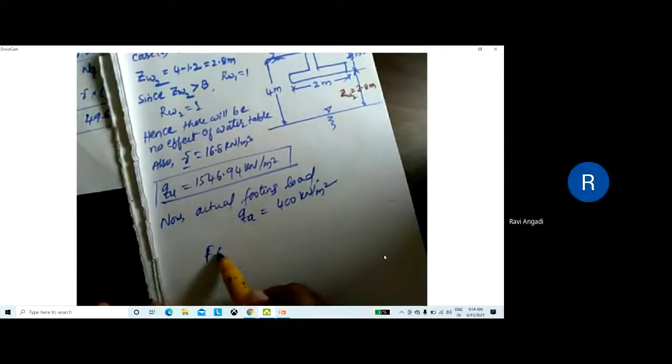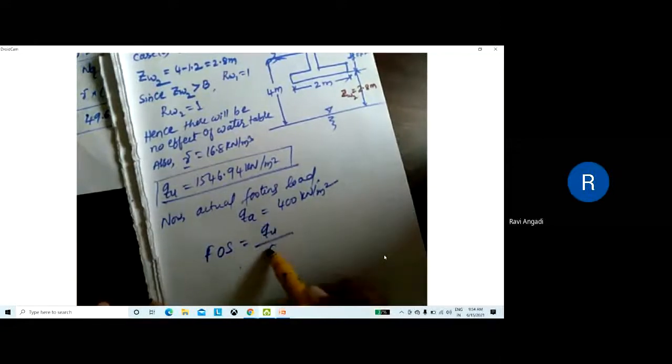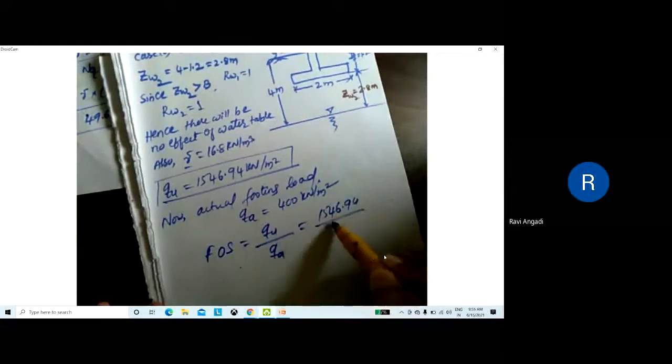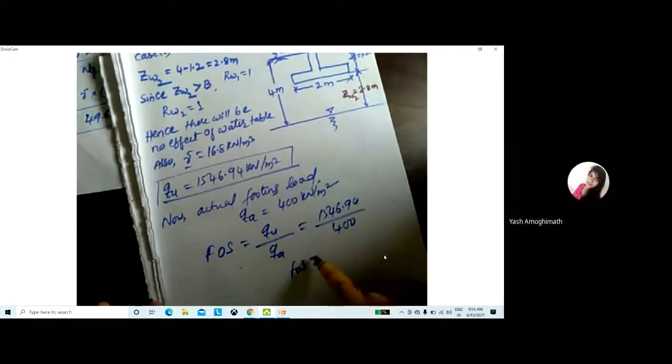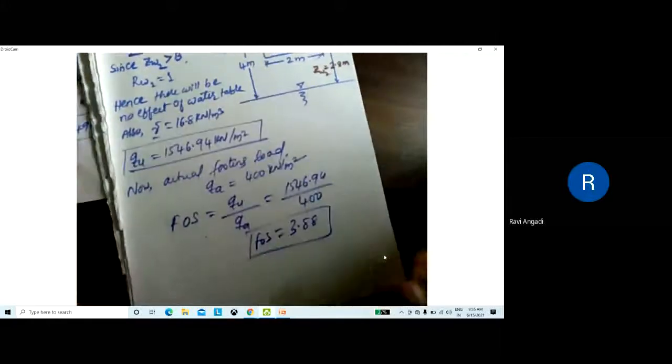Then the factor of safety will be Q ultimate divided by Q actual. That is the factor of safety. 1546.94 divided by 400. What is the factor of safety here? 3.86. Okay, right. This is the factor of safety.